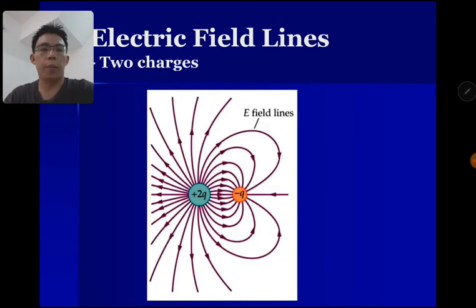What if you put a positive and a negative charge in a region like this? Again, the same thing. We just need to make sure that the arrows point in the correct direction and the density of the lines is reasonable. Lines near the positive charge are more dense, and those near the negative charge are less dense.